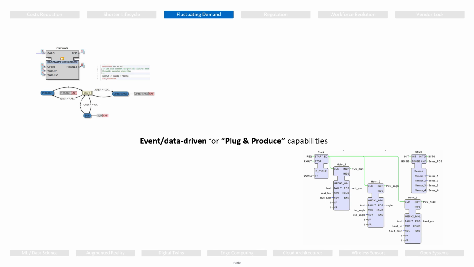In a traditional system, running an AI model would mean it needs to be constantly evaluated during every cycle, even if there is no meaningful data change, resulting in a substantial waste of computing resources and sometimes not enough resources. By reacting only when required, IEC 61499 allows AI models, augmented realities, and digital twins to be integrated and executed more intelligently, reducing the computational load and improving system responsiveness.